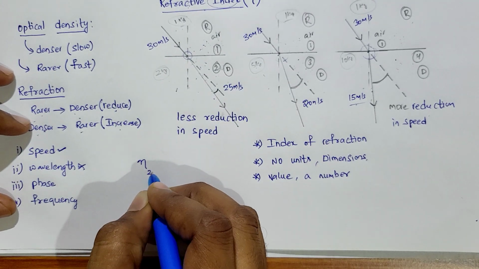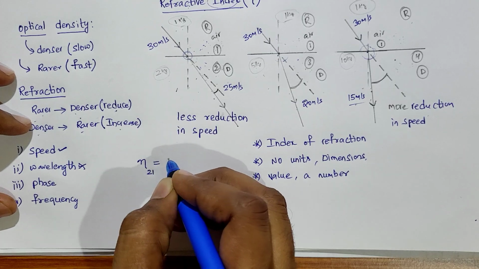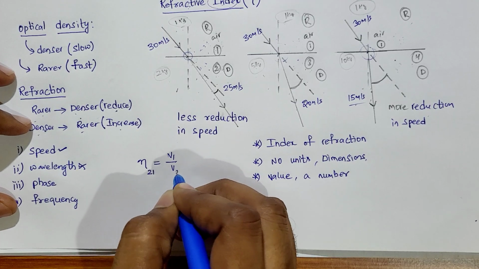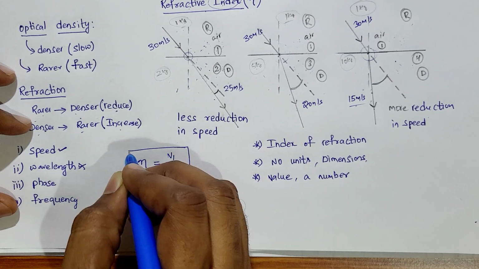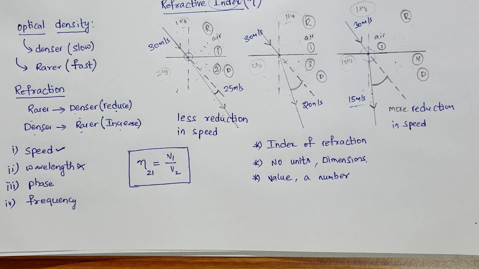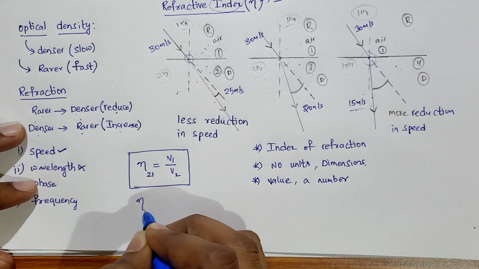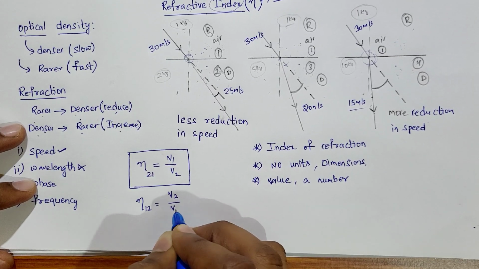The refractive index of the second medium with respect to the first medium will be equal to V1 divided by V2. This is the only formula you need to remember. In the same way, if you want to find the refractive index of the first medium with respect to the second medium, it will be V2 divided by V1.